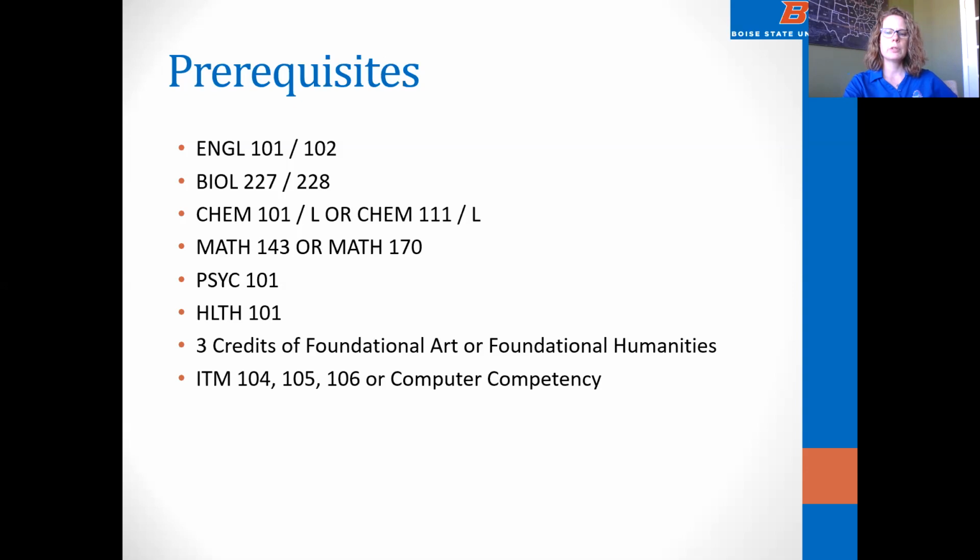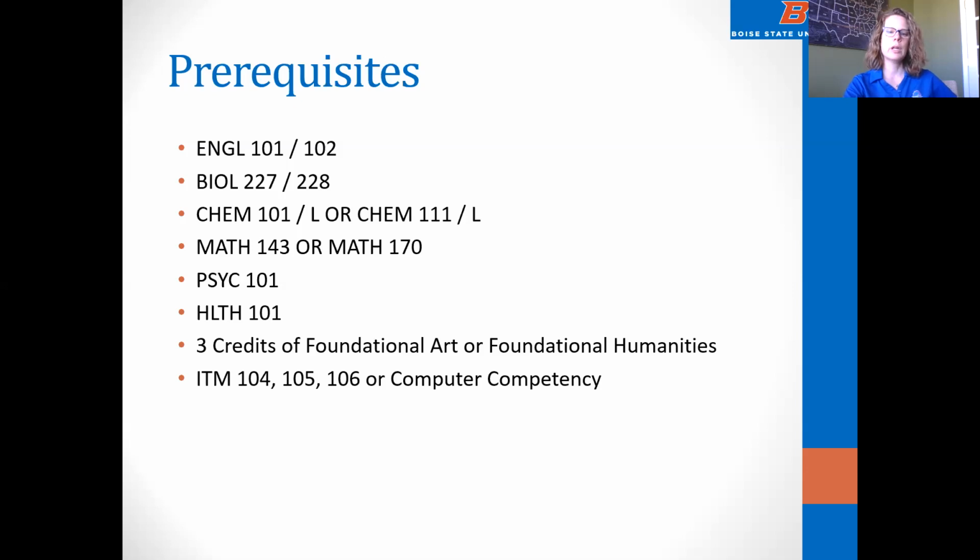In order to keep students on track for graduation, we ask that as part of the prerequisite year, you complete 3 credits of the foundational art and humanities. One of those, whether it's the 3 credits of art or 3 credits of foundational humanities, just one of those classes.